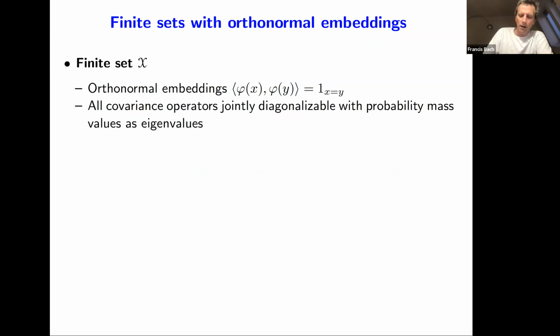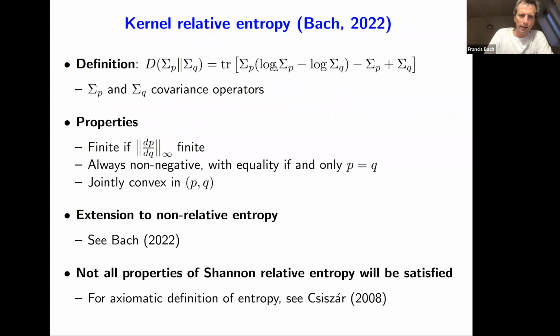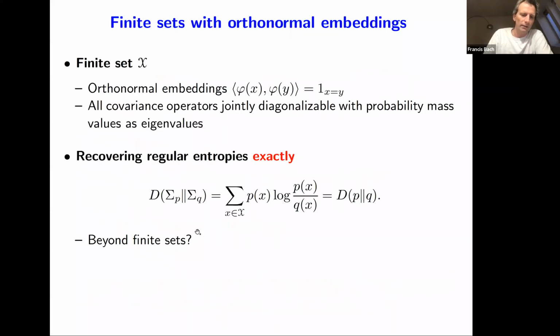And this means that when you take this, you're going to sum over all the eigenvalues, so this is all the probability mass values over all elements of X, and you end up exactly with the Kullback-Leibler divergence. So this is, at least for finite sets, where I recover exactly the Shannon entropy. This relationship is well known in quantum mechanics. That's not a new thing.